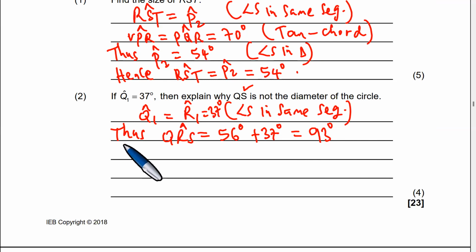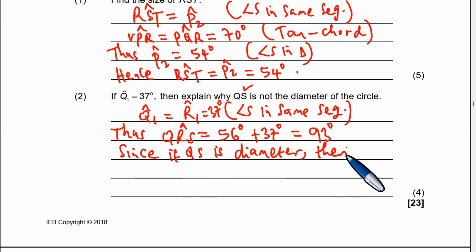Since if QS is a diameter, then what do we require? QRS must be 90 degrees, which is not the case.